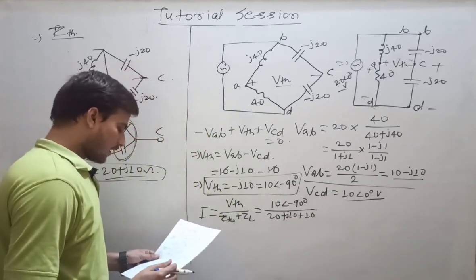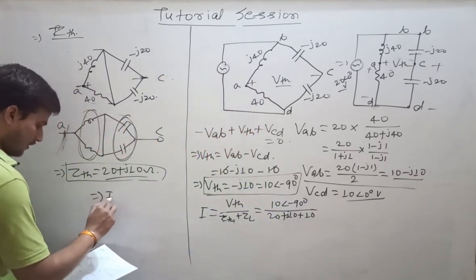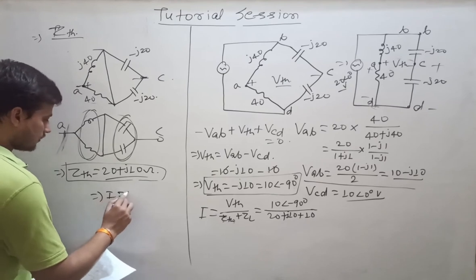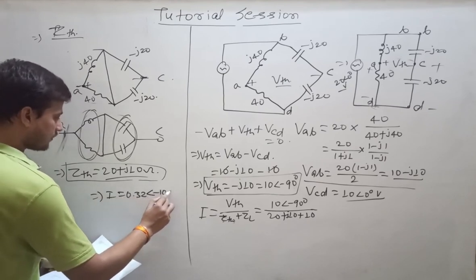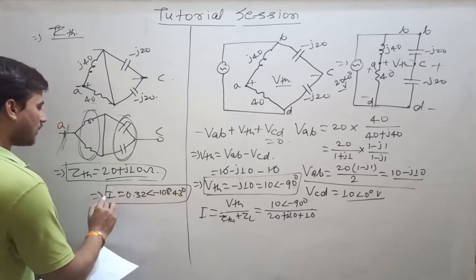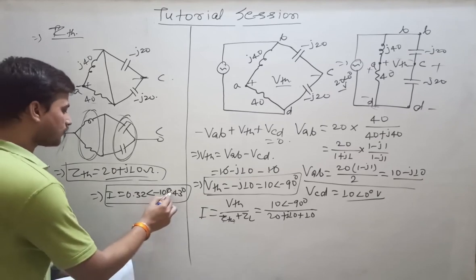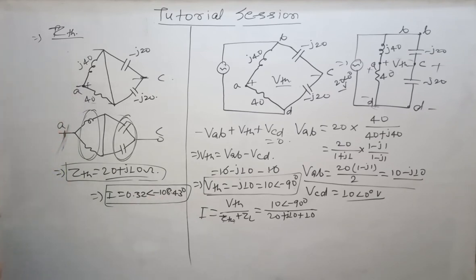So from here I is coming 0.32 at the angle minus 108.43 degree. So this is fifth question.